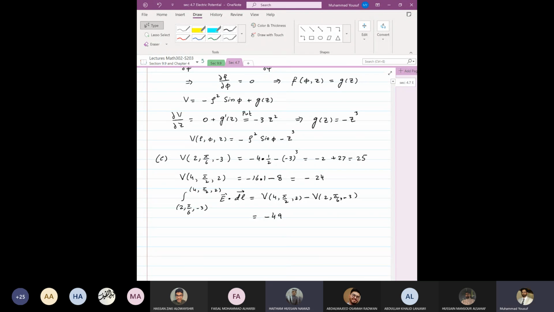This is what we did yesterday: if E is conservative, E can be written as the negative of the gradient of V. So since we know that E is conservative, E can be written as negative gradient of V dot dl.